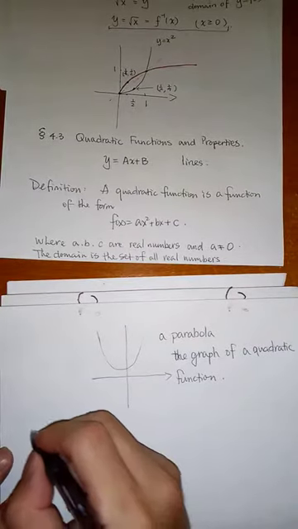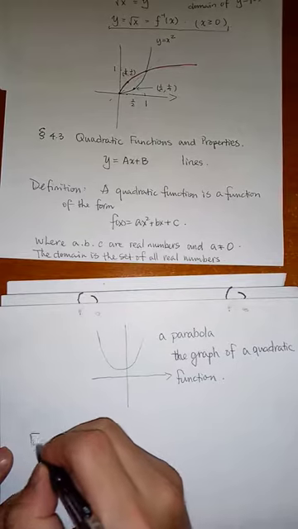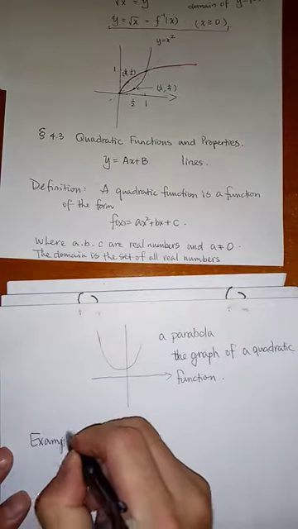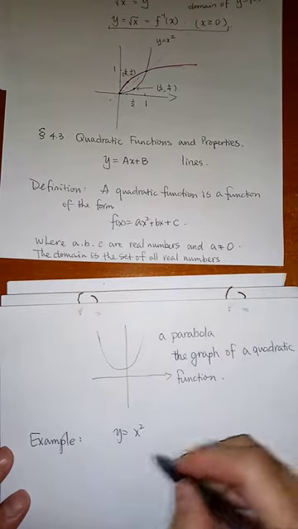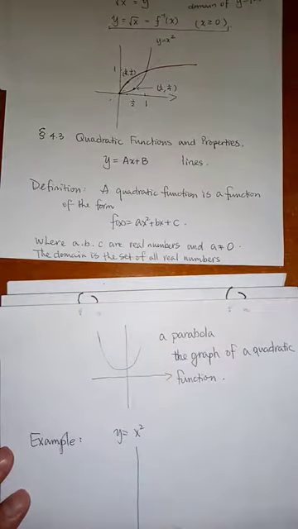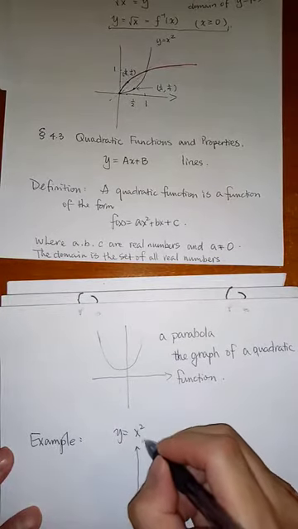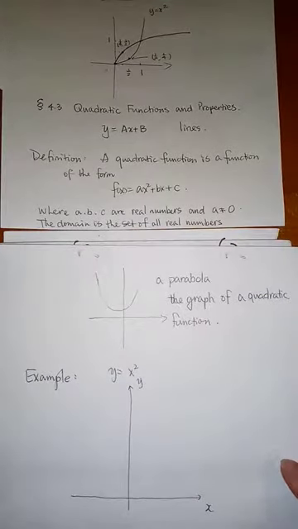So first, we start from the simplest example. y equal to x squared. Because this is x squared, all the values are positive, so that's why we only use the upper half space. We don't use the bottom.